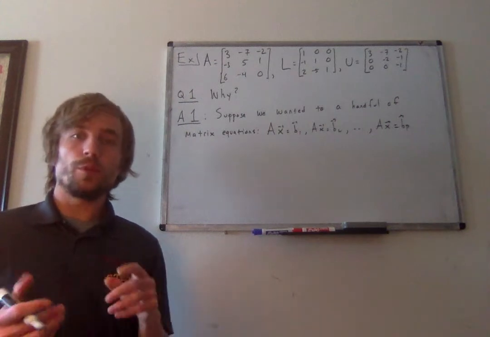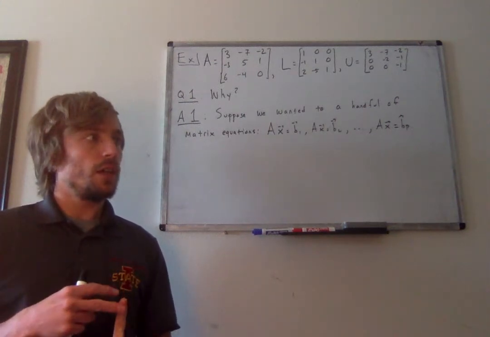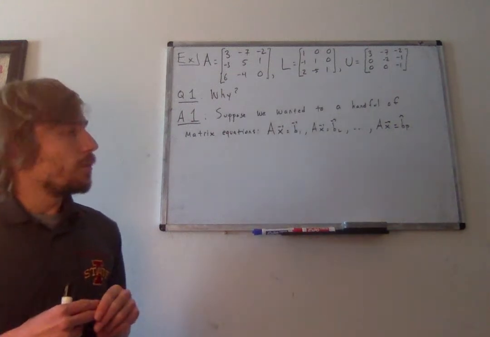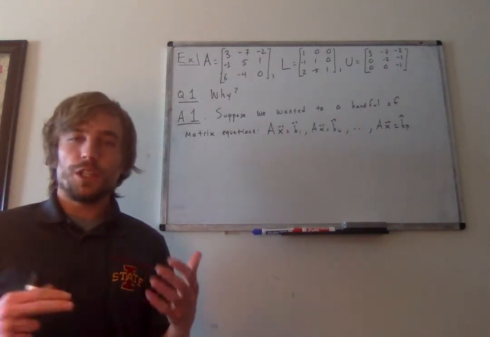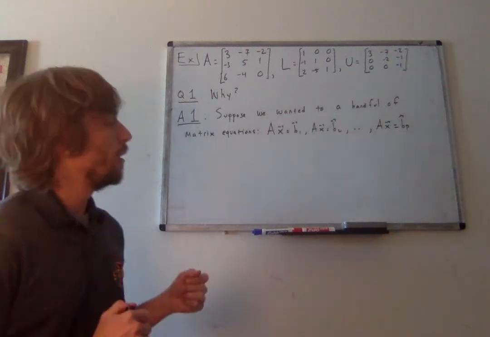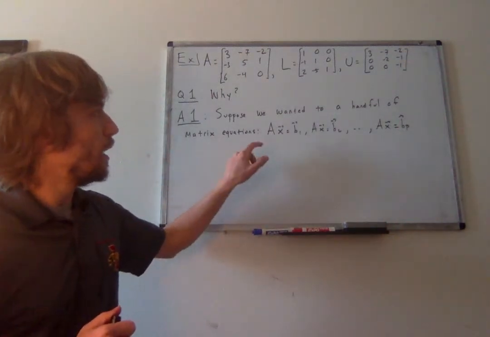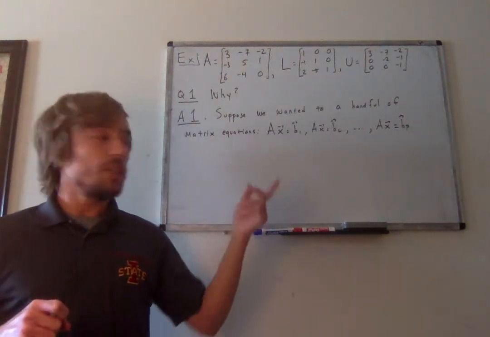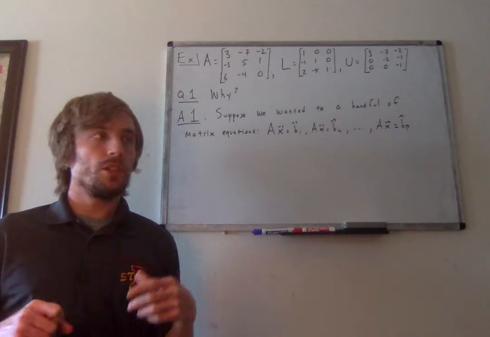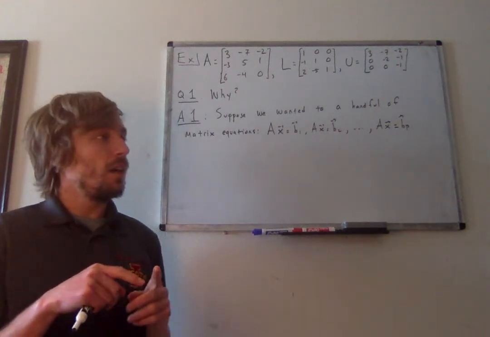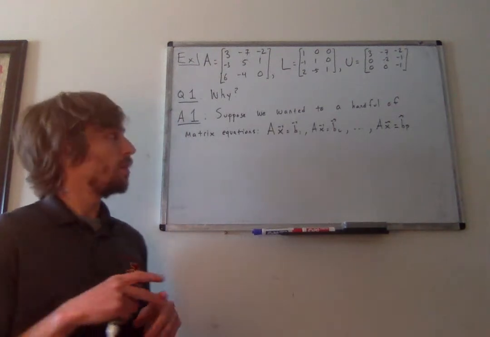Doing many row operations takes time and leads to mistakes. The more arithmetic operations you have to do, the more likely you are to make an arithmetic error somewhere. Also, finding the inverse can be hard, as we've seen, and sometimes the inverse doesn't even exist.